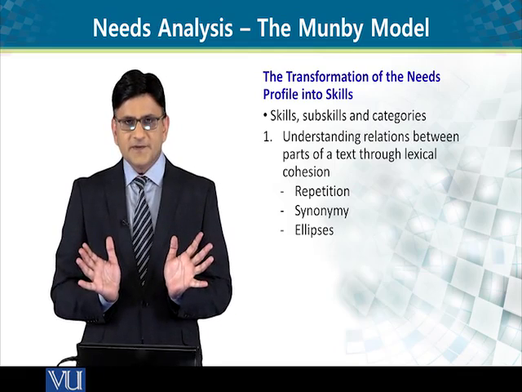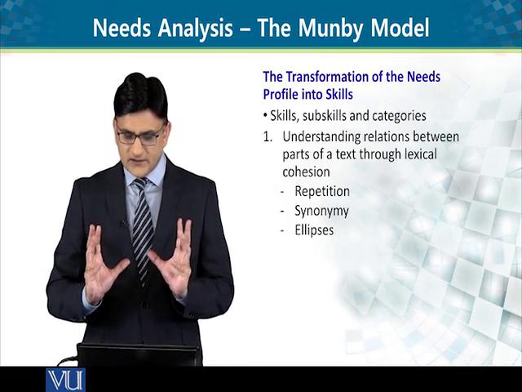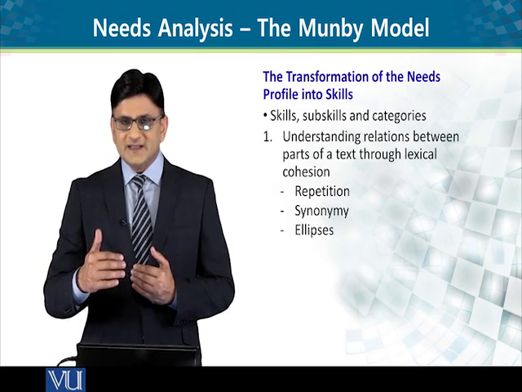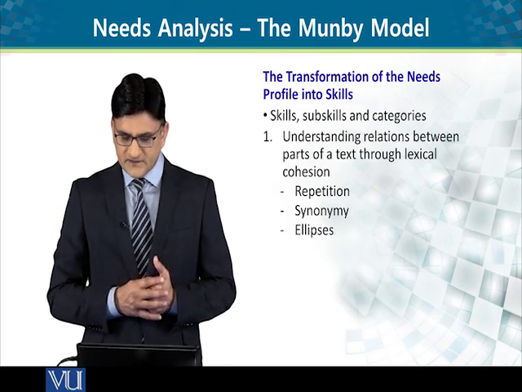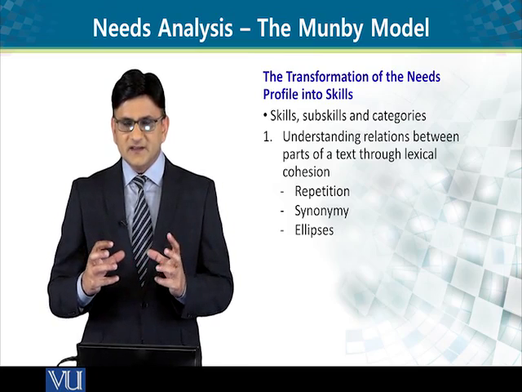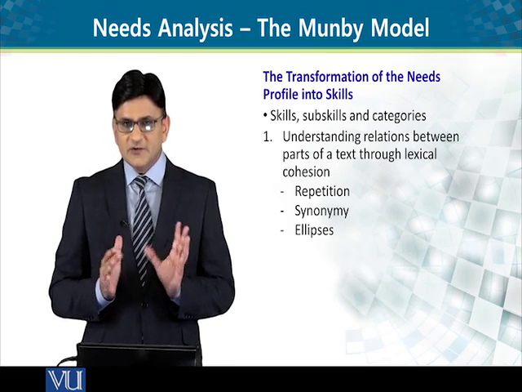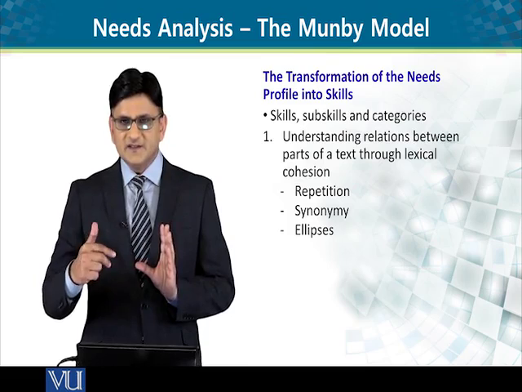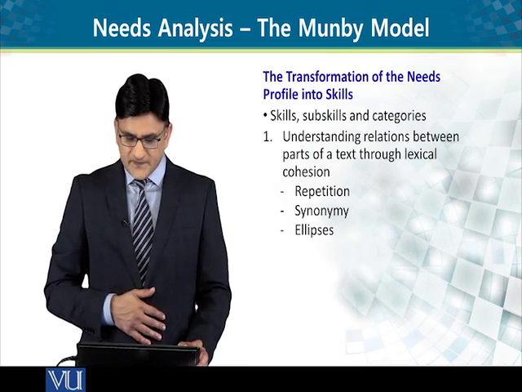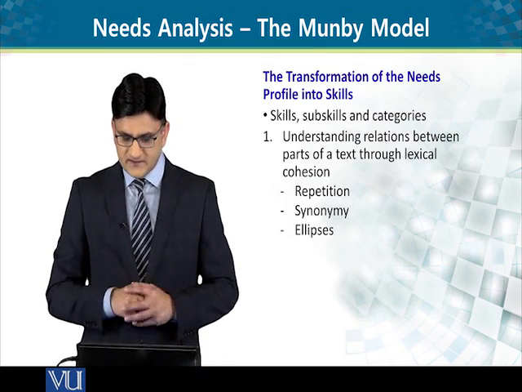So it helps, like the needs analysis, for example, if a learner needs to learn English for specific purposes, they need to know the cohesion devices, rhetorical devices. So this is how the model pointed towards the need for rhetorical devices for a group of learners. And the repetition and synonymy and ellipses and their significance.